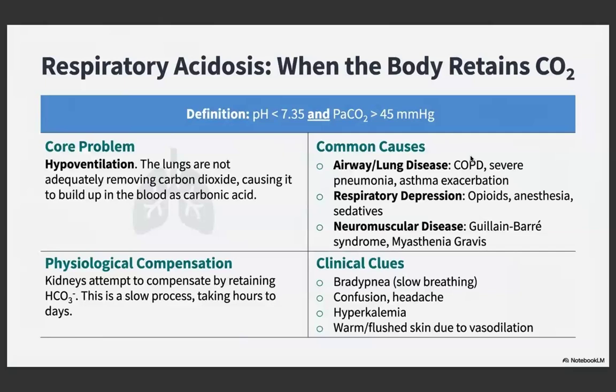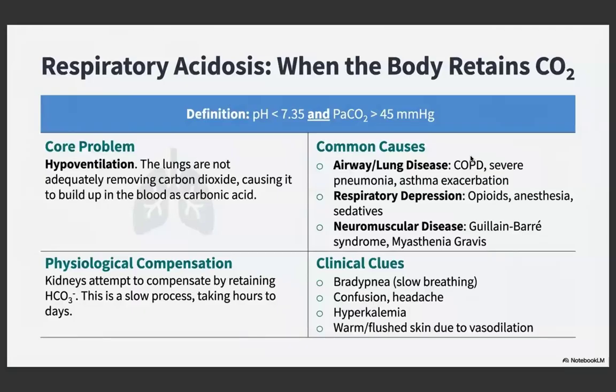Also, we will see it because at this point our kidneys are trying to compensate, and they're going to compensate by retaining bicarbonate. Some other things that we're going to see, obviously slow breathing, that's a good pointer to the opiates. You also may see confusion, some lethargy, they might have a headache.